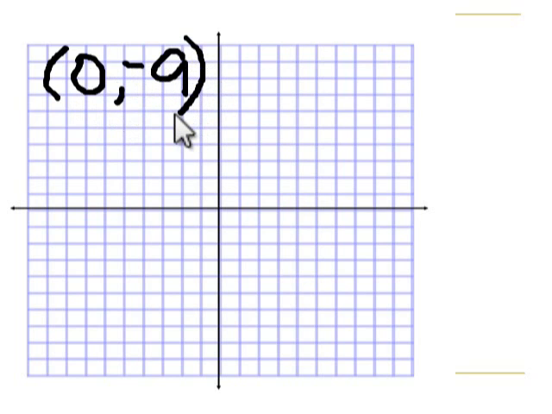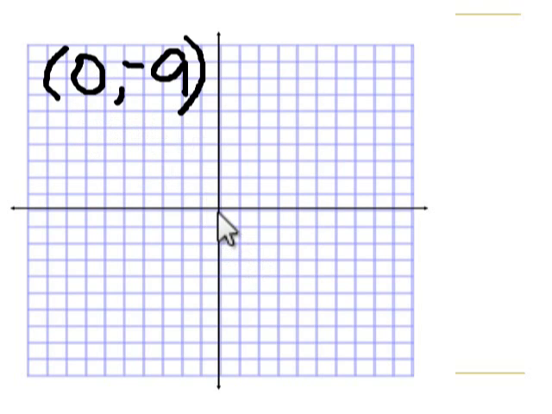Okay, last thing. Let's say that I asked you to graph the ordered pair 0, -9. Okay, so 0, -9. Alrighty. The x coordinate is 0.